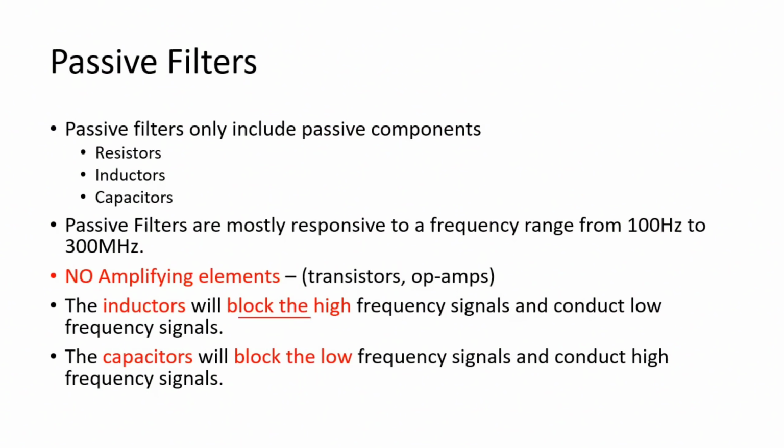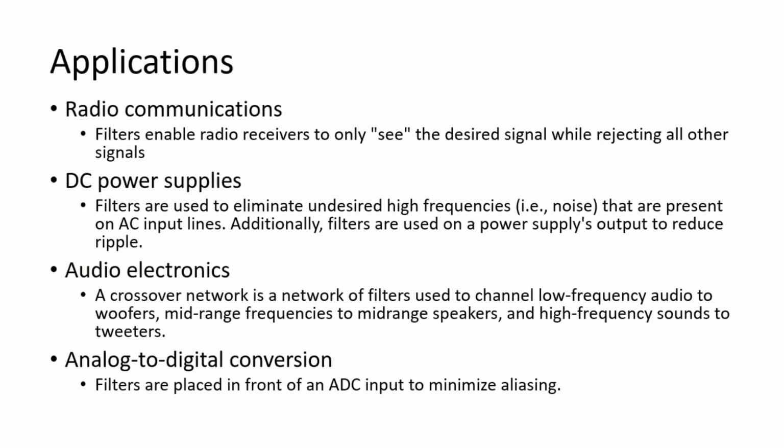These passive filters have several applications, mainly in the radio frequencies, and to reduce unwanted signals in the power supplies and audio electronics, though mostly audio electronics use active filters, and also in the analog to digital conversion circuits as well.